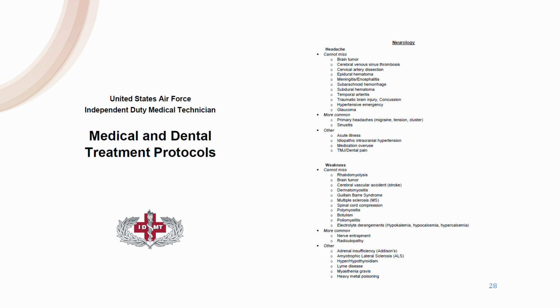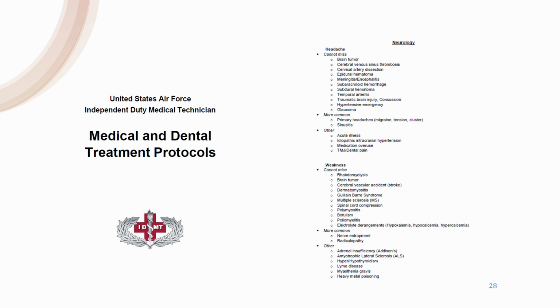The three sections are diagnoses that you cannot miss. Now, these are diagnoses that, if not dealt with immediately, can either cause harm or even death to your patient. And so you need to find ways to completely rule out or manage these conditions before the patient leaves your examining area. More common conditions are those that obviously are going to show up more often than not.